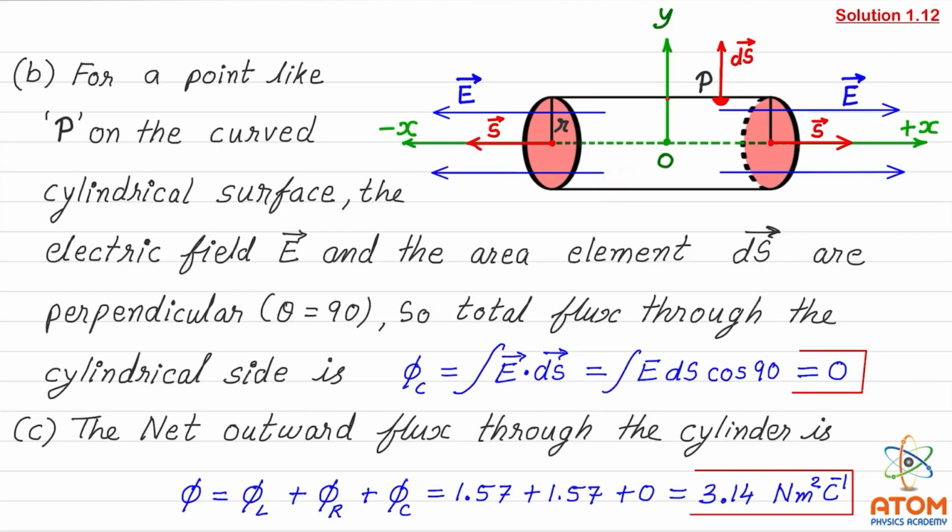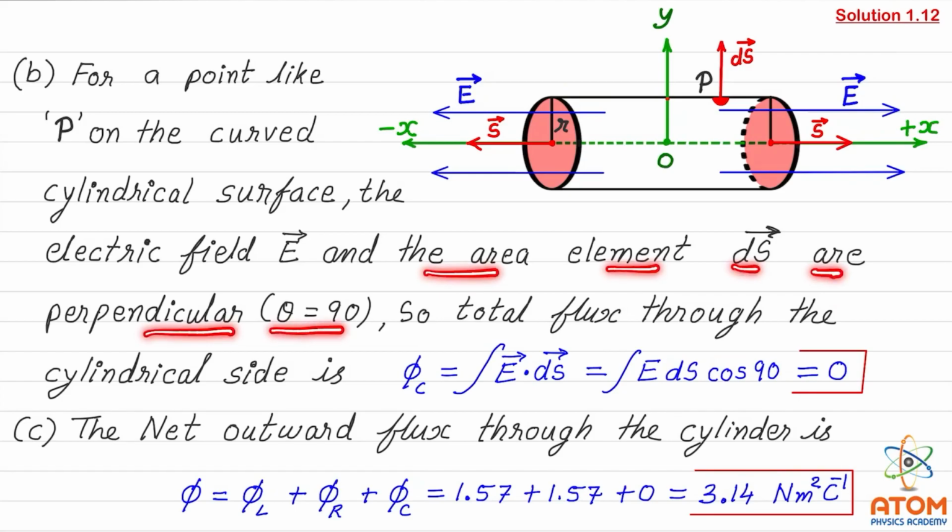Means if I choose a small area element at this point, then the area vector ds will be in the downward direction and the electric field is here. That's why again it will be 90 degrees between them. So as I said, the electric field E and the area element ds are perpendicular.